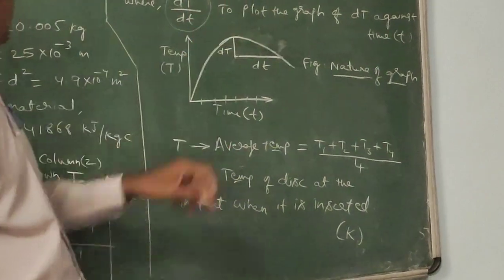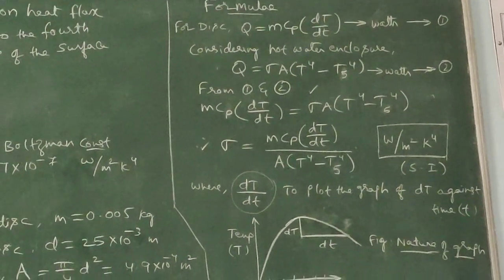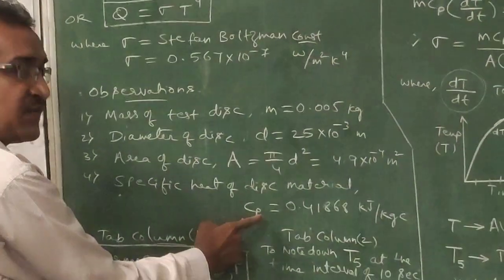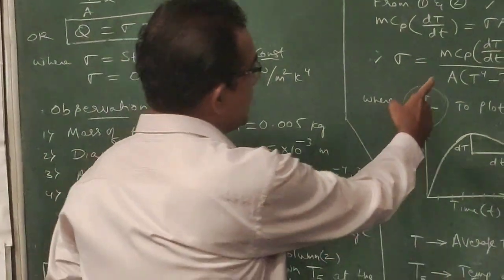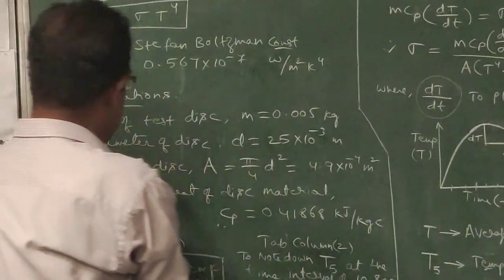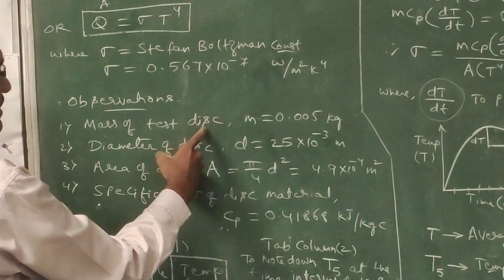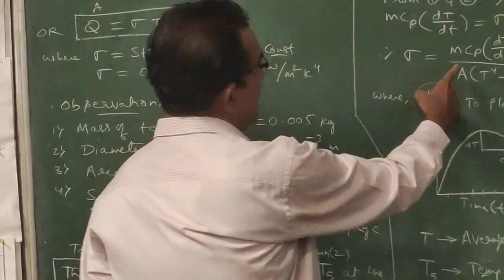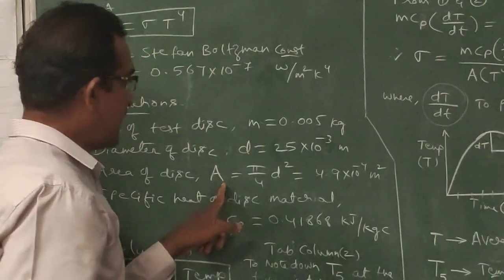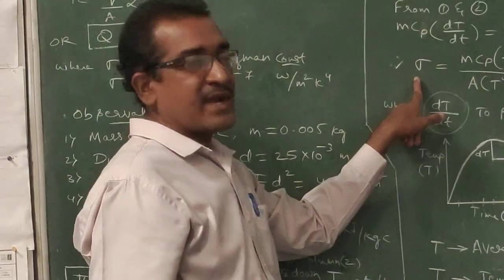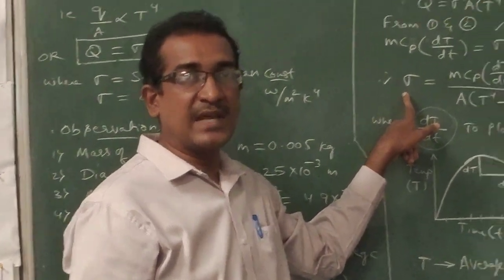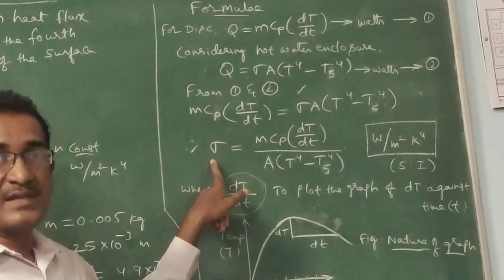Cp, the specific heat of the disc material, is given in the observation. Substitute here. M is the mass of the disc, given. Substitute. The area we already determined. Substitute. Therefore, find out sigma. So this is the calculation involved in this experiment.